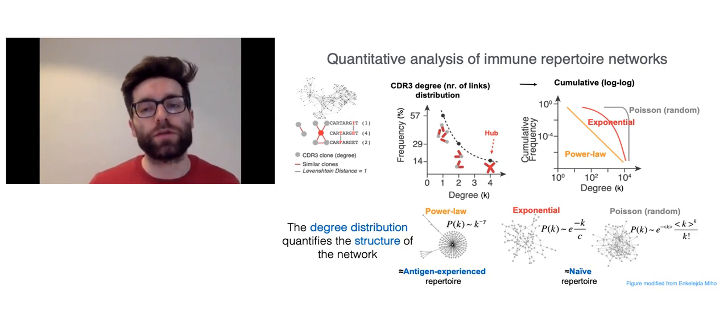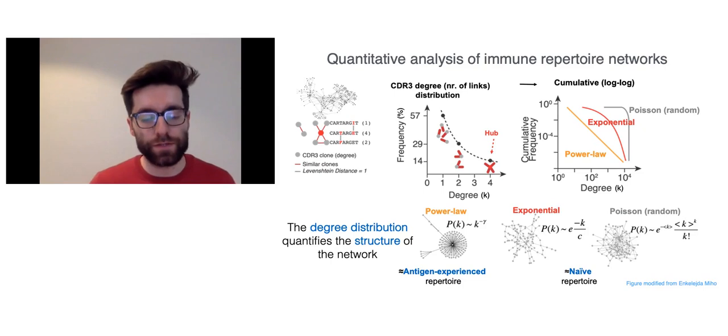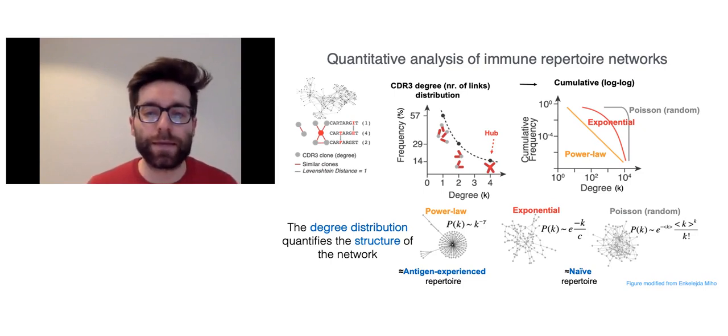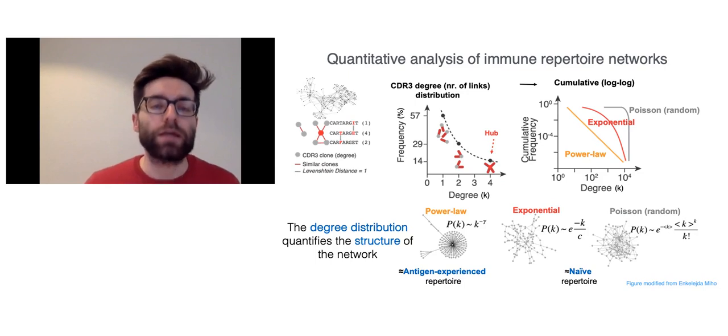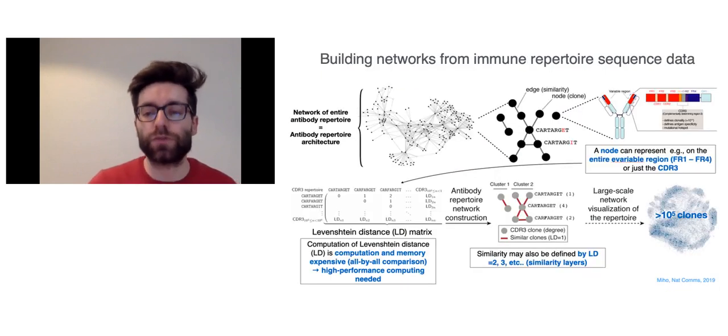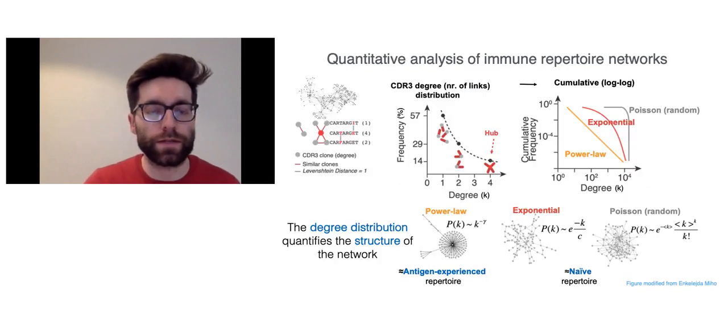That can be looked at using the degree distributions. The degree of a node is the number of connections a given node has, and then you can just count how many times you have CDR3s with a given degree. This may sound very complicated, but it's not. I also put the papers here, just go to the Miho Nature Communications paper, and this will explain things quite clearly, I think.